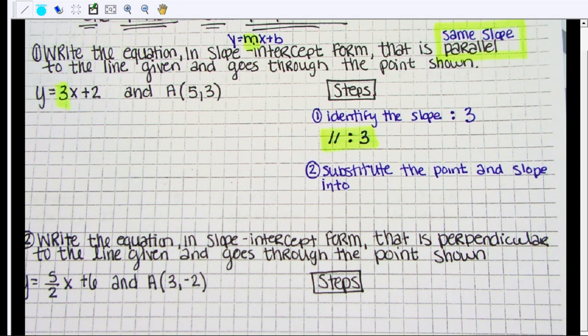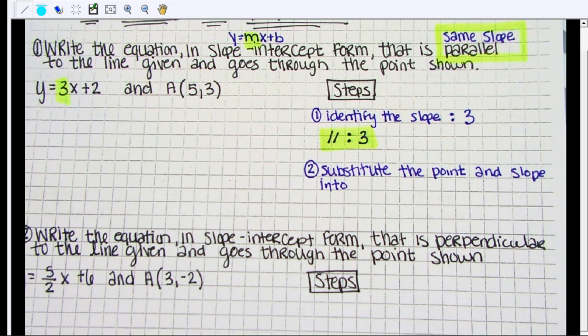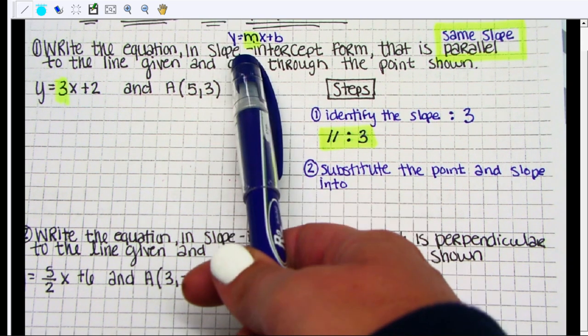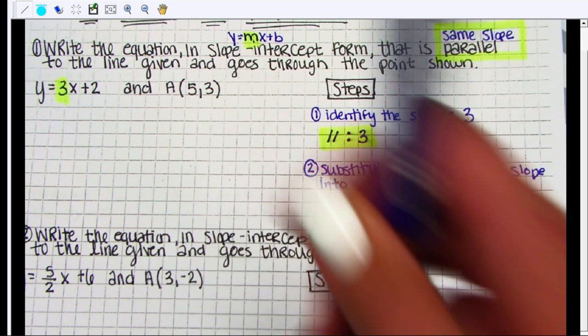We've only learned 2. All right. I've got a point and a slope. What form should I use? No. We learned 2 equations of lines. We learned slope-intercept and one other equation of a line. What was the other name?